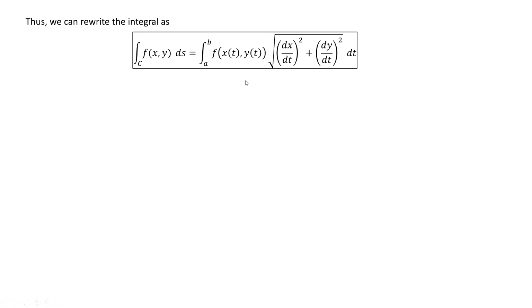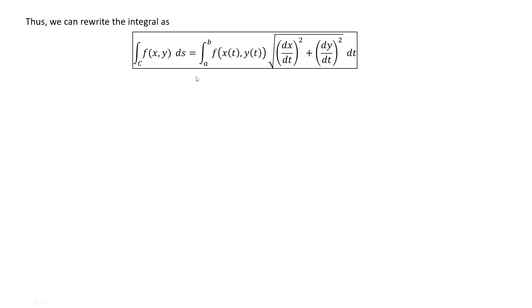All right. And so for f of x comma y, we are no longer keeping it in terms of x and y, but we are writing it in terms of the parameter t. So f of x of t comma y of t, and ds is replaced by this, because after all, ds represents the differential arc length, and that differential arc length is actually given by this formula.